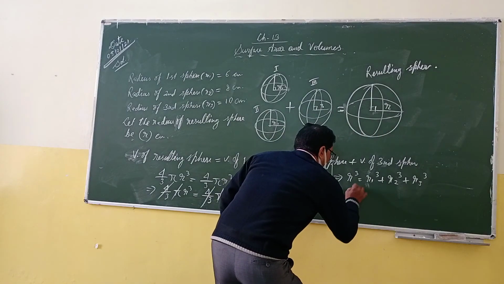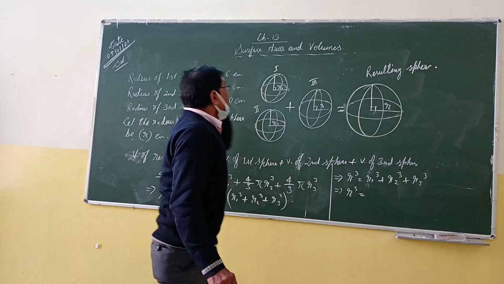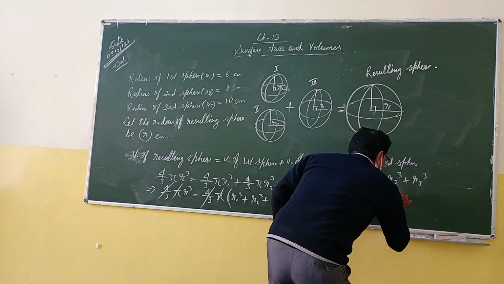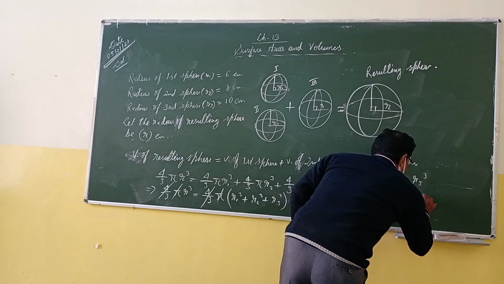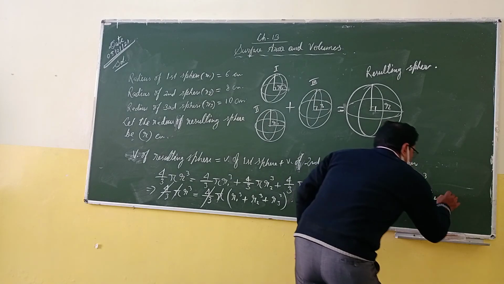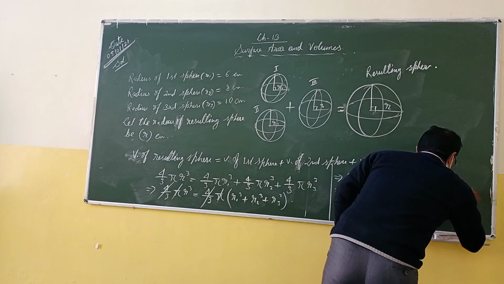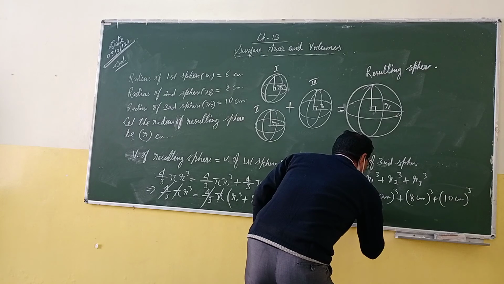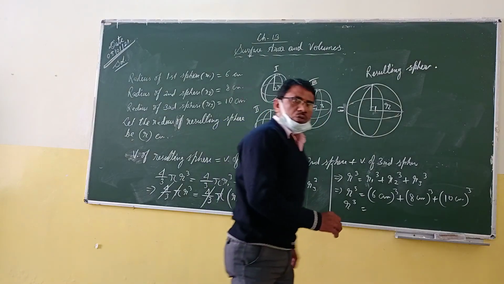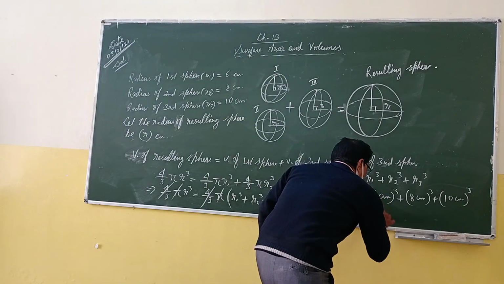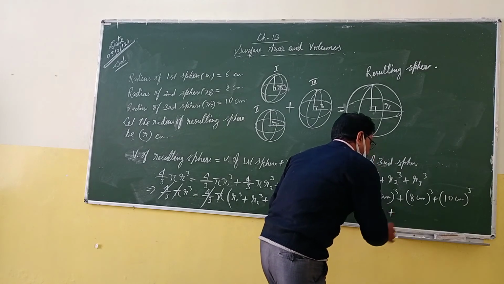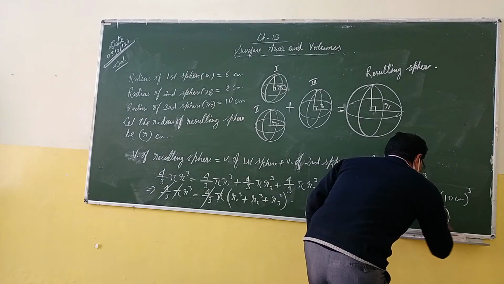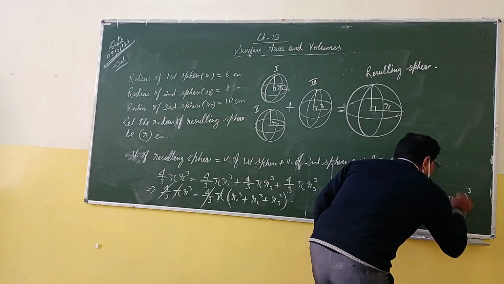So students, R cube is equal to, R1 is what? 6 centimeter. Now 6 cm cube plus 8 cm cube plus 10 cm cube. 6 cm cube is 216, plus 512, plus 1000, in bracket write centimeter cube.